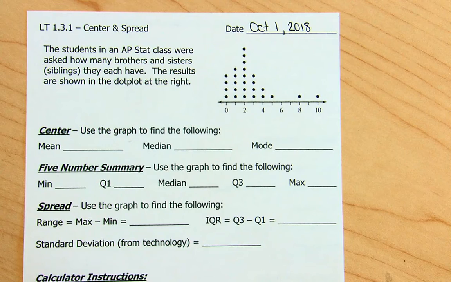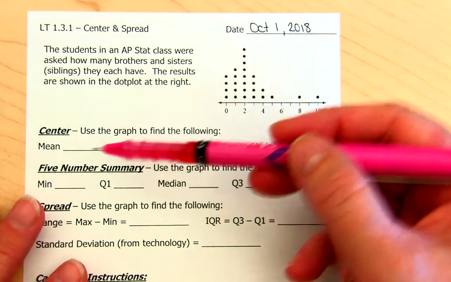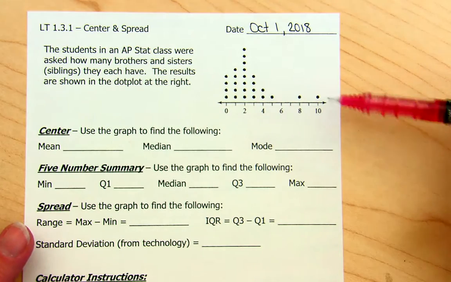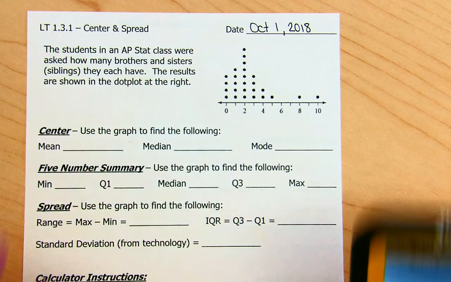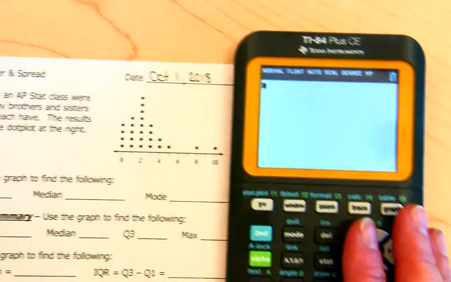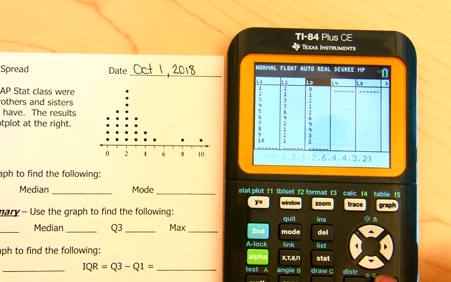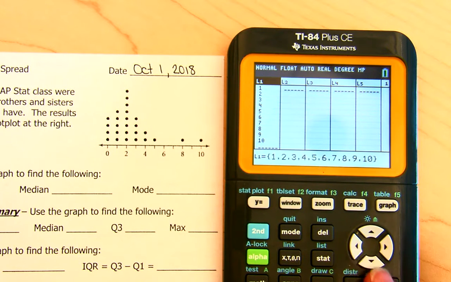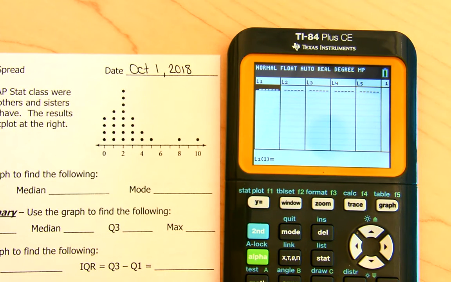So if I want to calculate the mean, I'm going to need to add up all of these values and find what is the average. So I'm going to enter these into the calculator. The way I'm going to do that, stat and then edit. I'm going to clear out the numbers that I have. The number of dots for each number tell me how many that I have of that one.